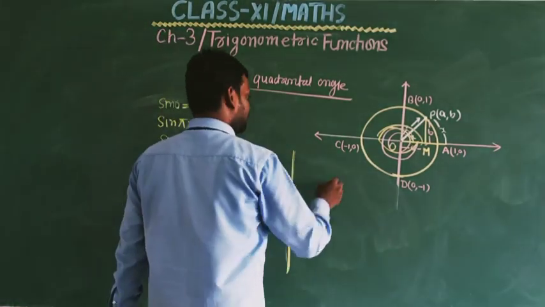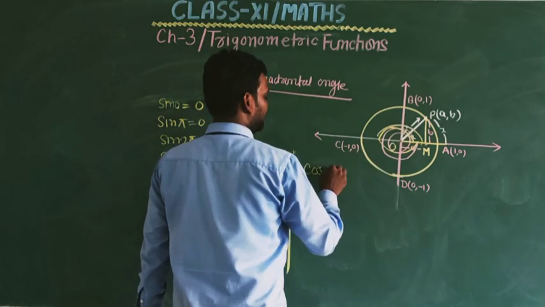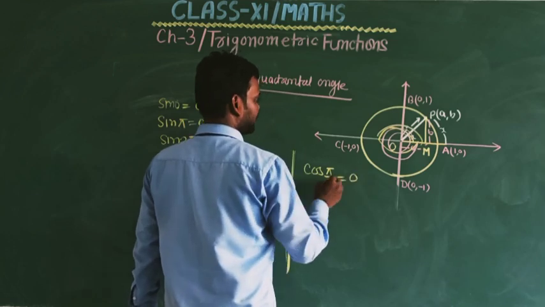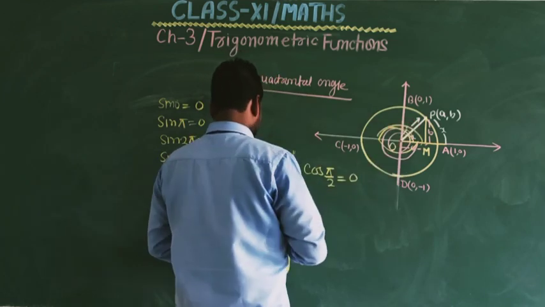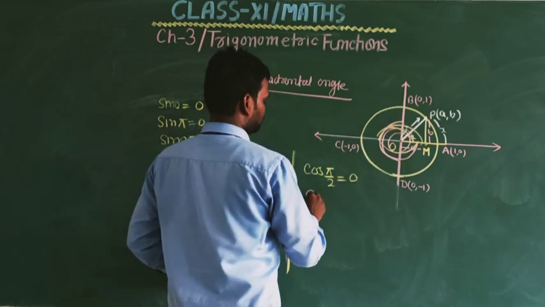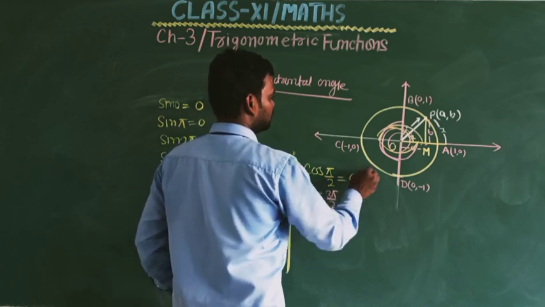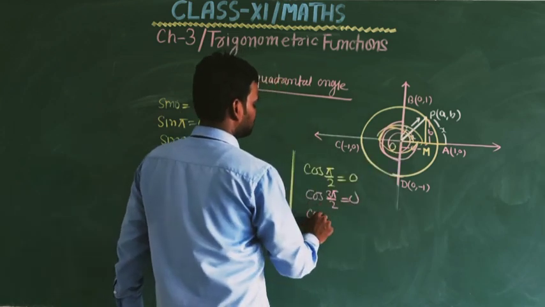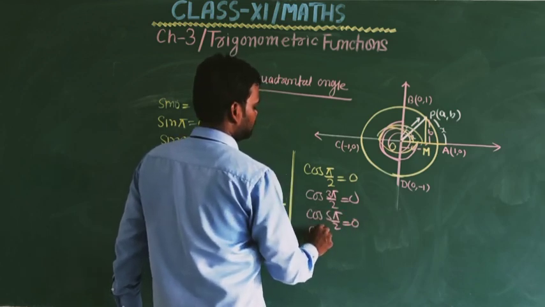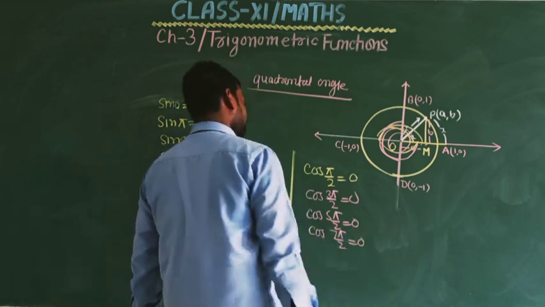And similarly here we observe the value of cos pi by 2 is 0. And next, cos 3 pi by 2 equal to 0. And next cos 5 pi by 2 equal to 0, and cos 7 pi by 2 equal to 0.